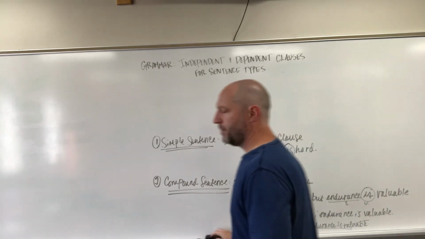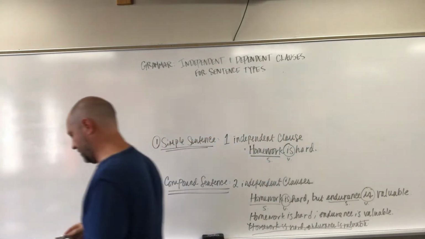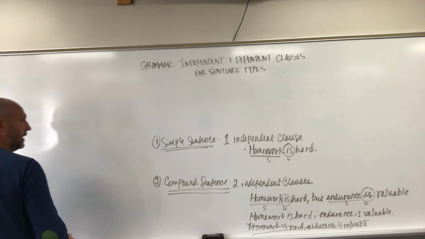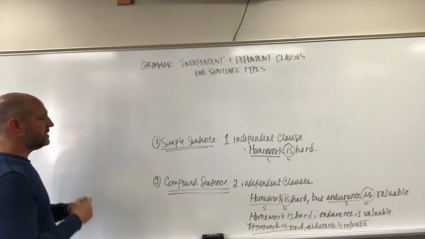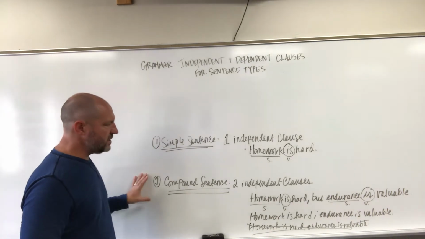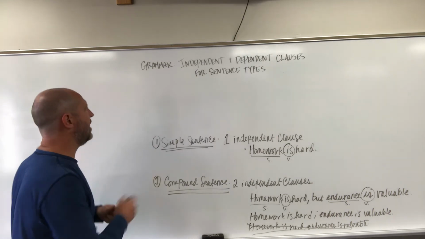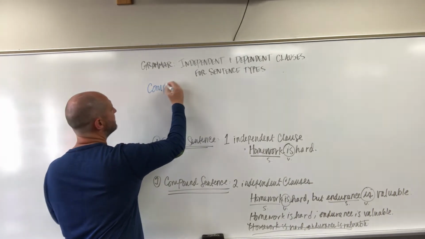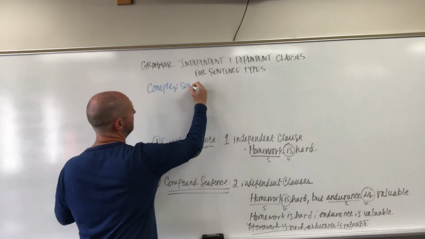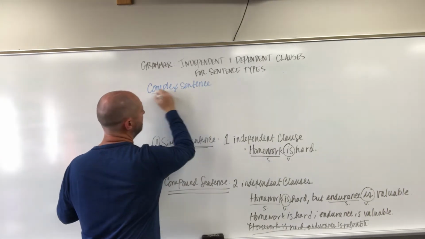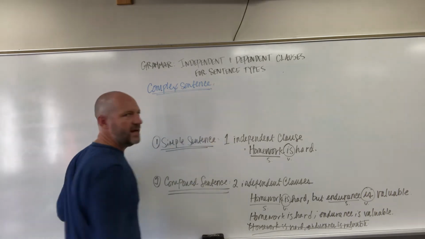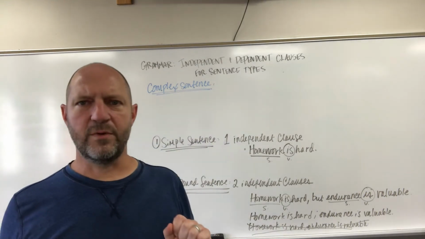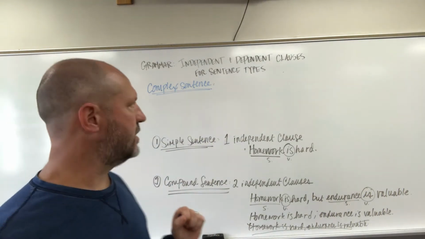I'm going to change colors now just so you can have something to see. We've got one independent clause and we've got two independent clauses. Now we are going to move into something that is known as the complex sentence. And I hope this blue is so that you can see it, okay?